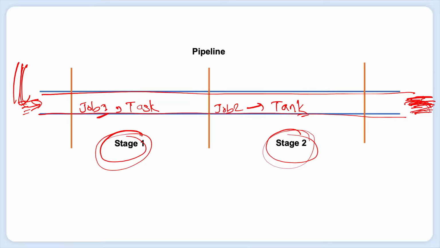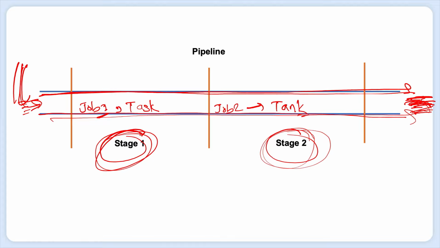If you understand this concept, we are going to use the same analogy to understand some important concepts of Azure pipeline. Again, here we have the pipe, the pipeline, and in this pipeline we have different stages. Why different stages? Because we want to purify our water.